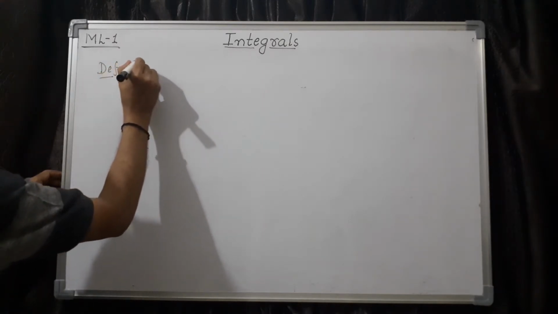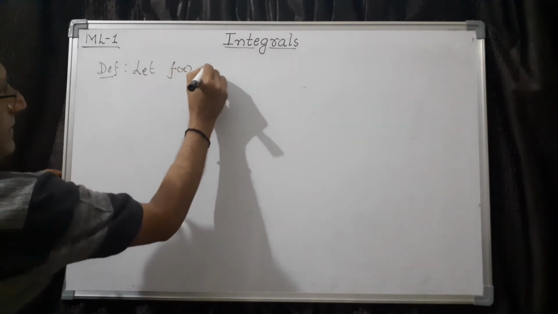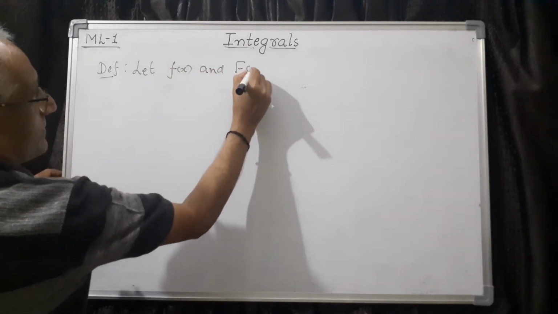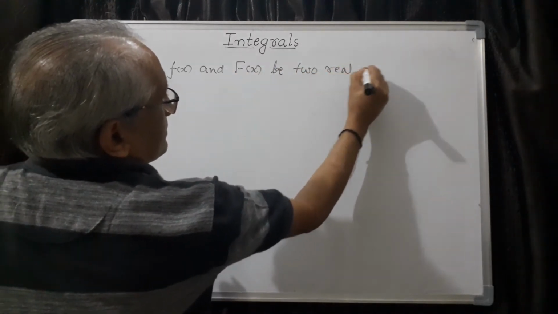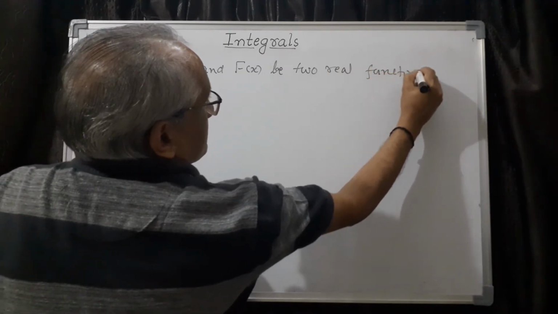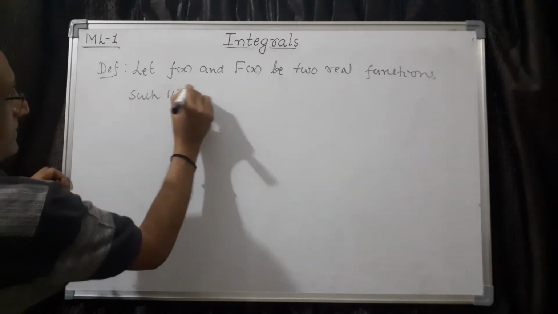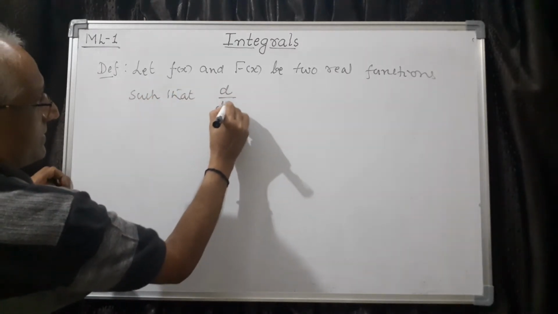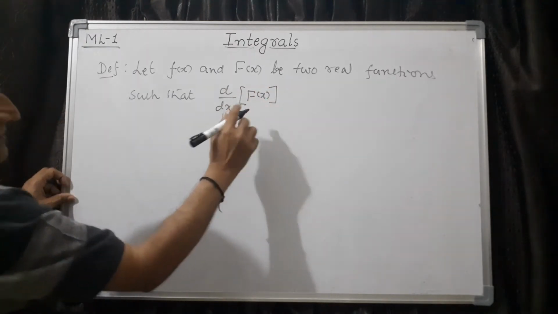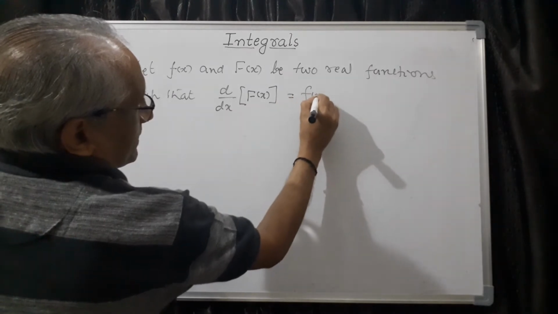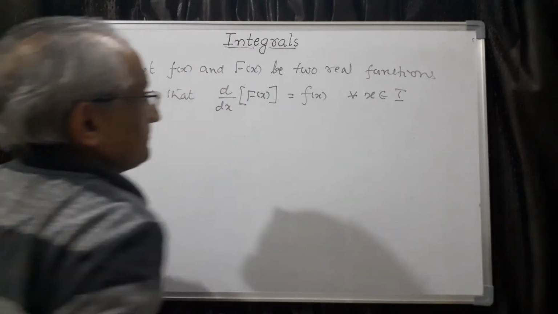Let F of x and f of x be two real functions such that the condition is this: d by dx of F of x equals f of x for all x belonging to I, the domain.